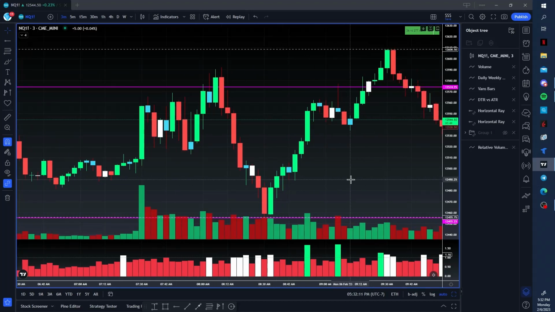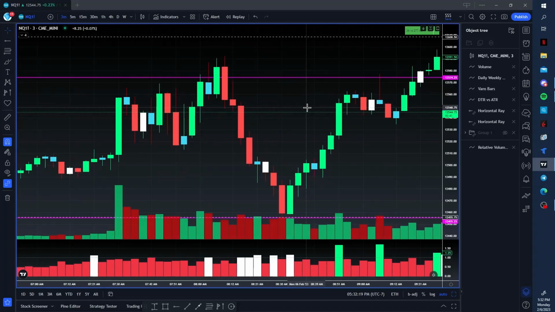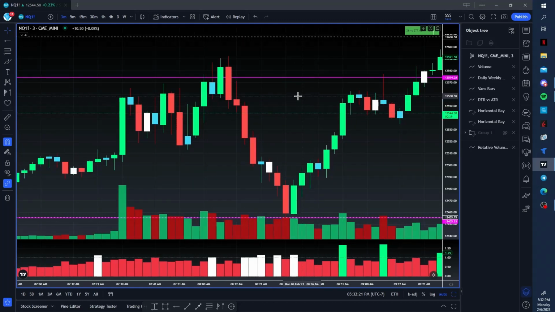I don't think I signaled the long. It was a little more risky based on kind of how the trend was and everything. It could have worked, but I did not signal it. But knowing that this type of pattern plays out a lot of the times is really key.